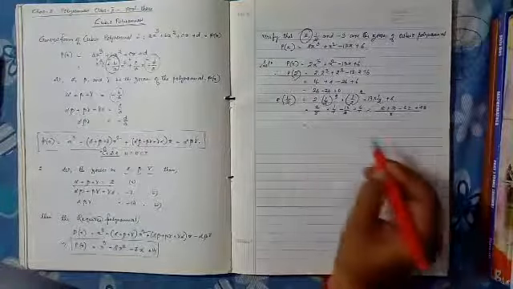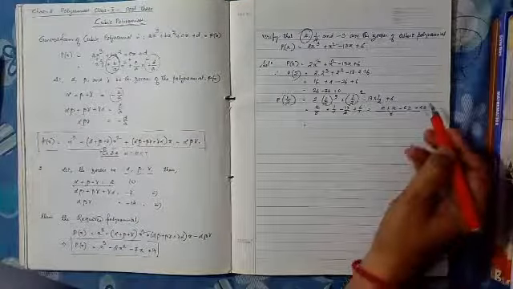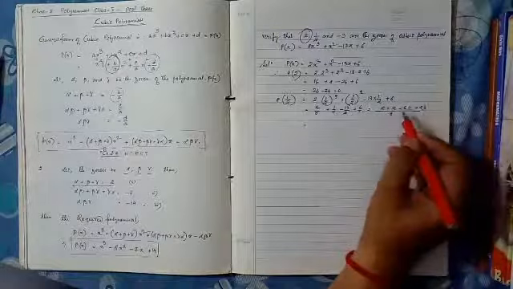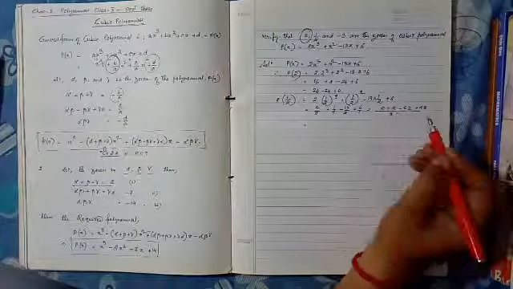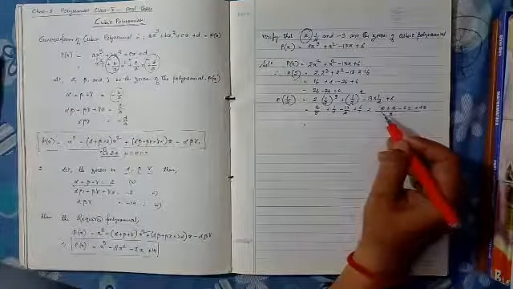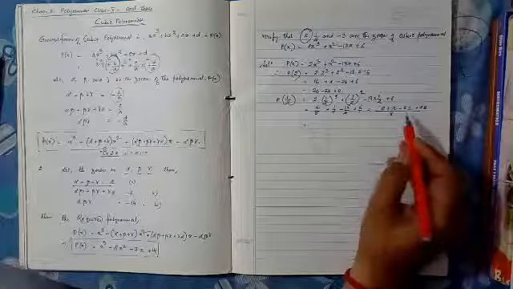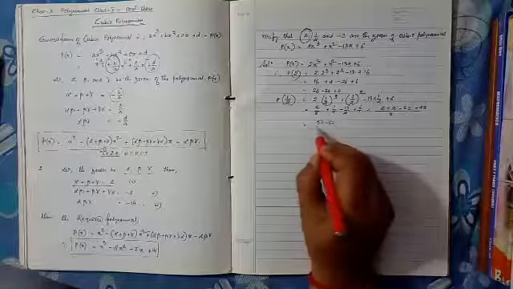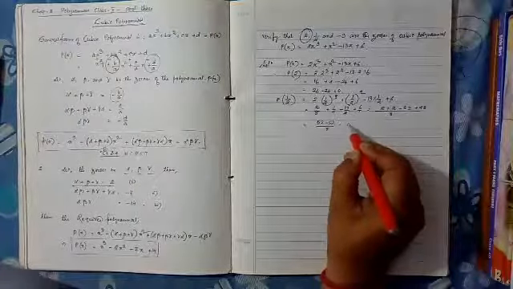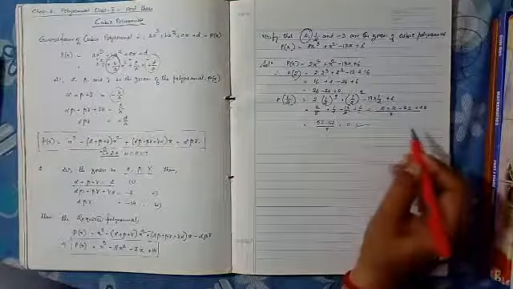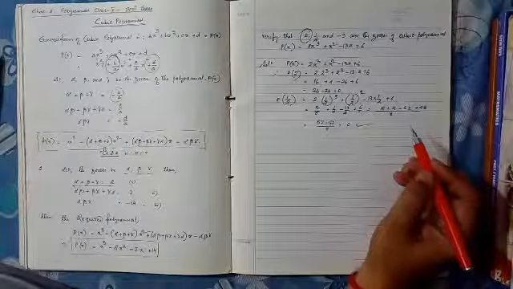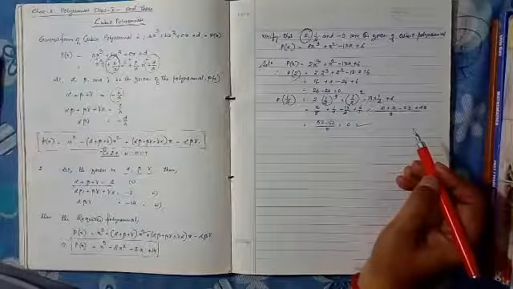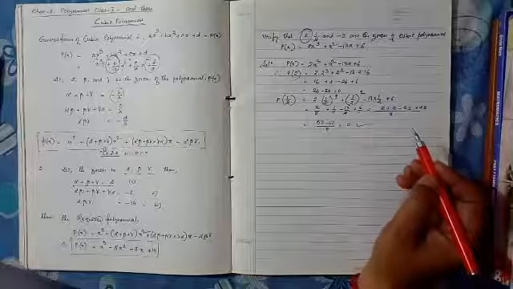So this is equal to what we get: 48, 49, 50, 51, 52. So what we get, plus 52 minus 52 by 8, that is equal to 0. Hence 1 by 2 is also one of the zeros of the polynomial.